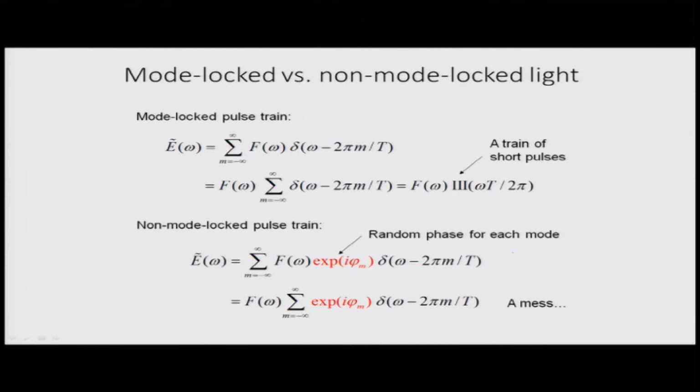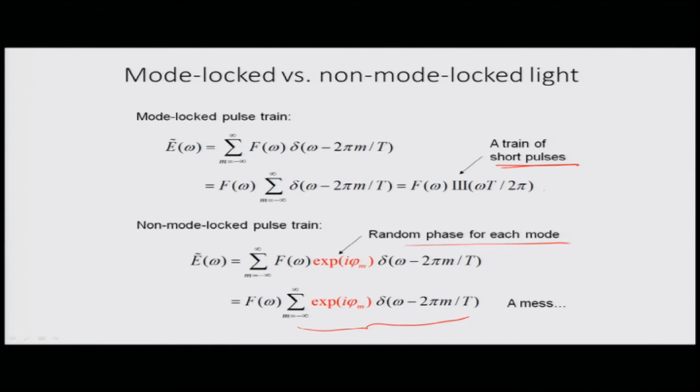So, a mode locked pulse train has a field with this profile, whereas a train of short pulses has this particular form, as we just mentioned. This is what we just looked at. When we have a non mode locked pulse train, then we have a random phase for each mode, and so the overall function is a summation of all these different modes, which is quite difficult to ascertain, and they can be all over the place.